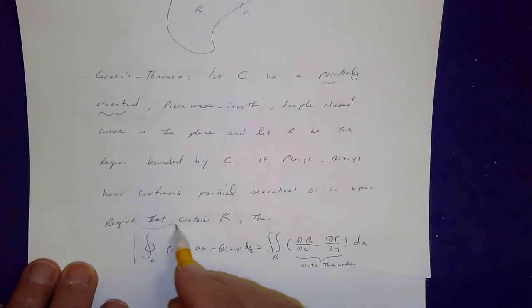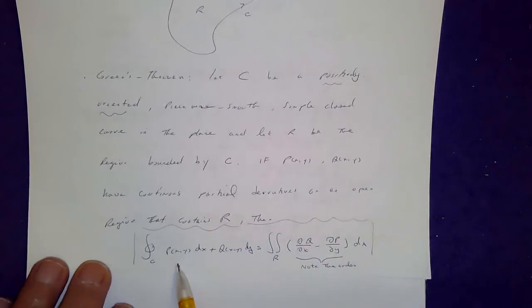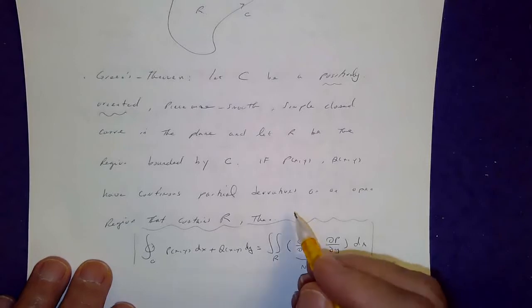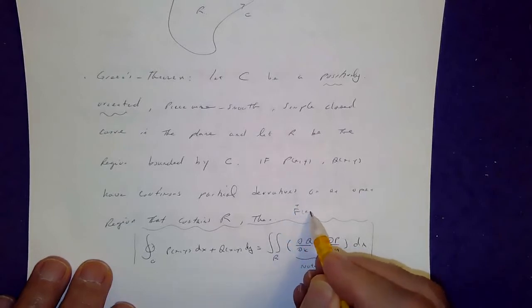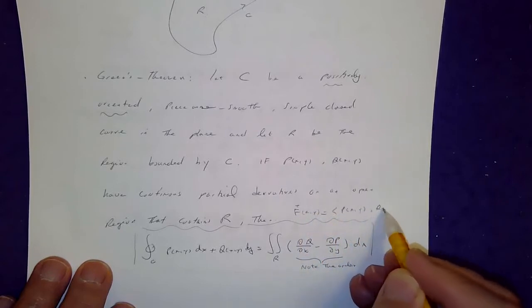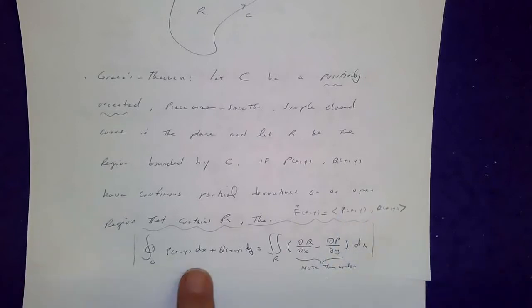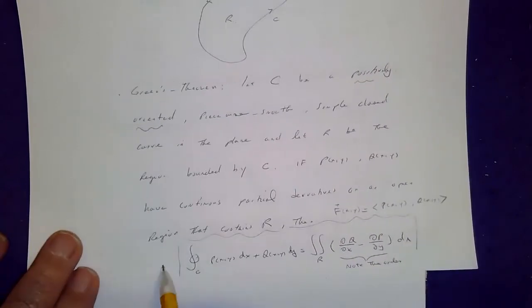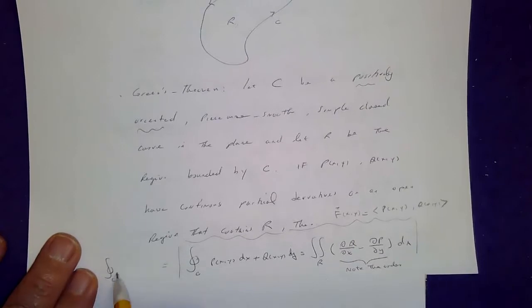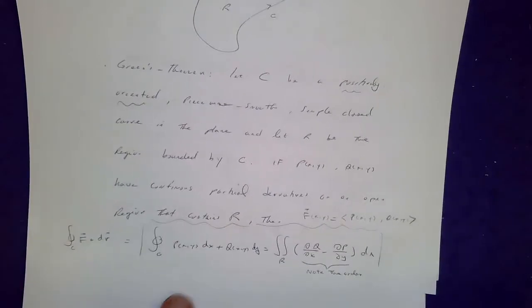Green's theorem, which says the line integral over the vector field, remember in this case the vector field is P(x,y), Q(x,y). This is the same as the line integral F dot dr, except it's in differential form.